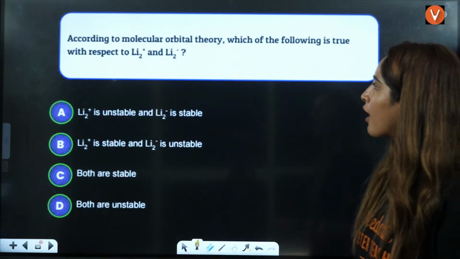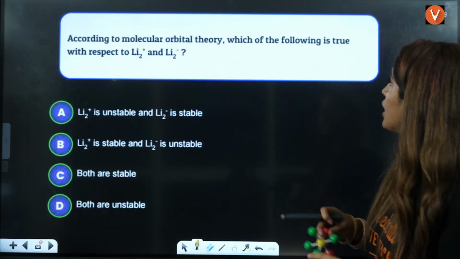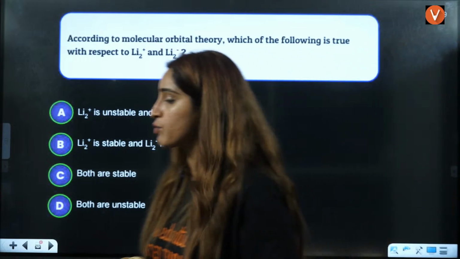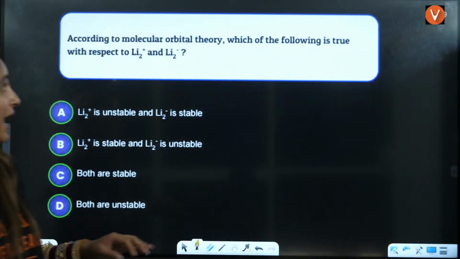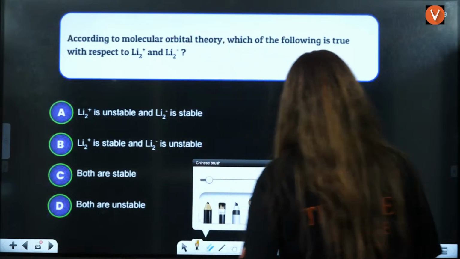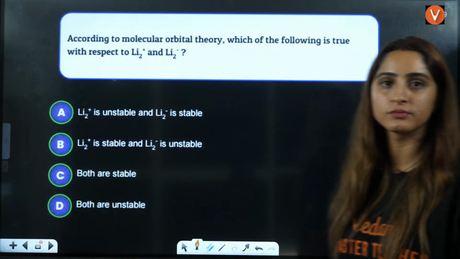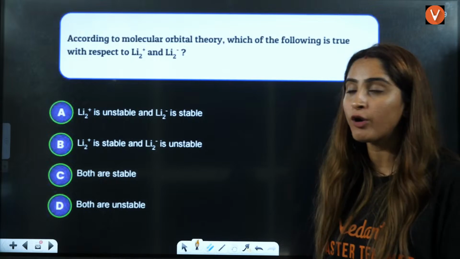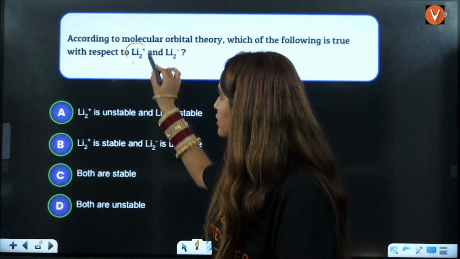According to molecular orbital theory, which of the following is true with respect to Li2 positive and Li2 negative? Okay, MOT. You have to solve it according to the bond order, so let us see the electronic configuration.